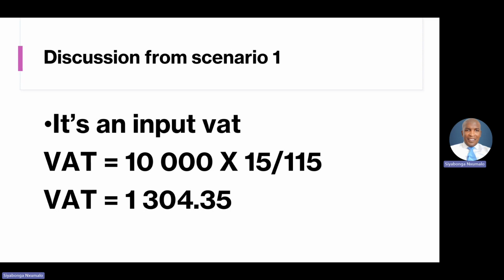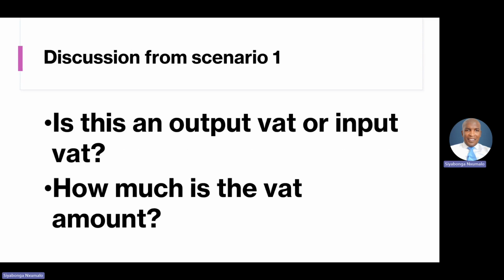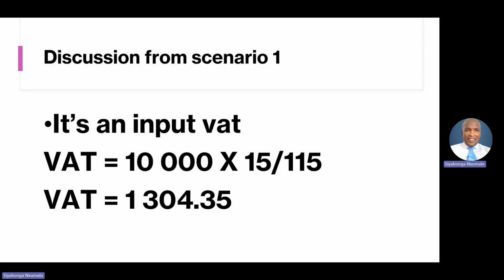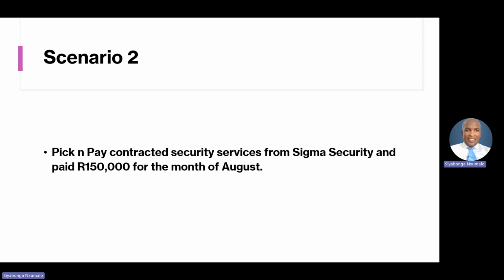So in other words, you bought stuff for 10,000 Rand, you will be able to claim 1,300 from SARS, right?